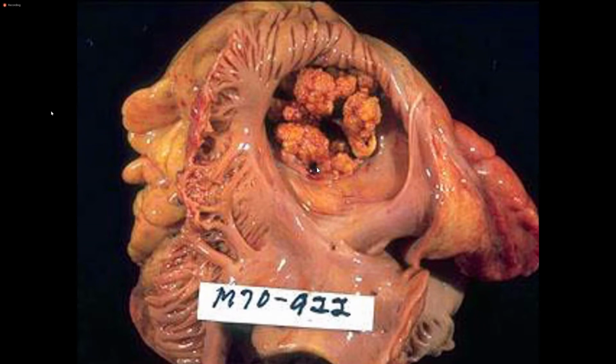So the vegetations that are a result of infection are generally large vegetations, and they cause destruction of the valves. So this valve is the tricuspid valve.